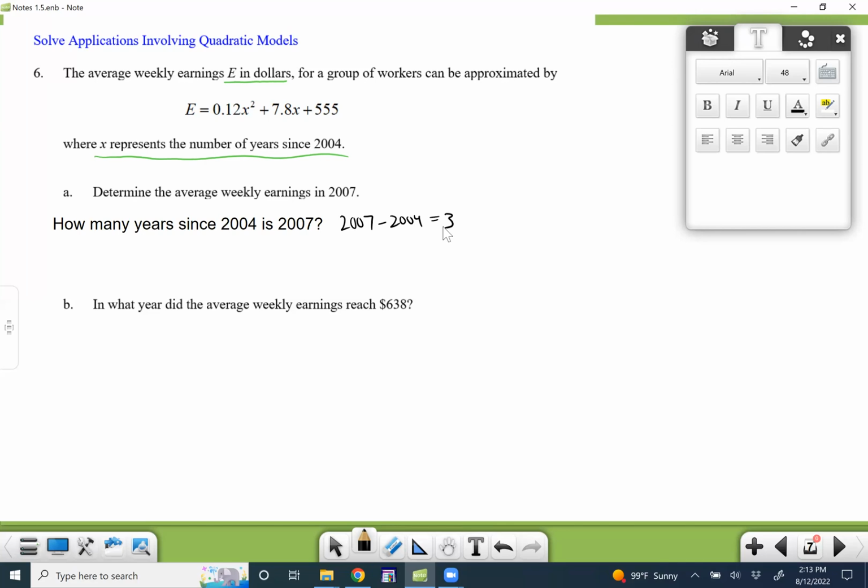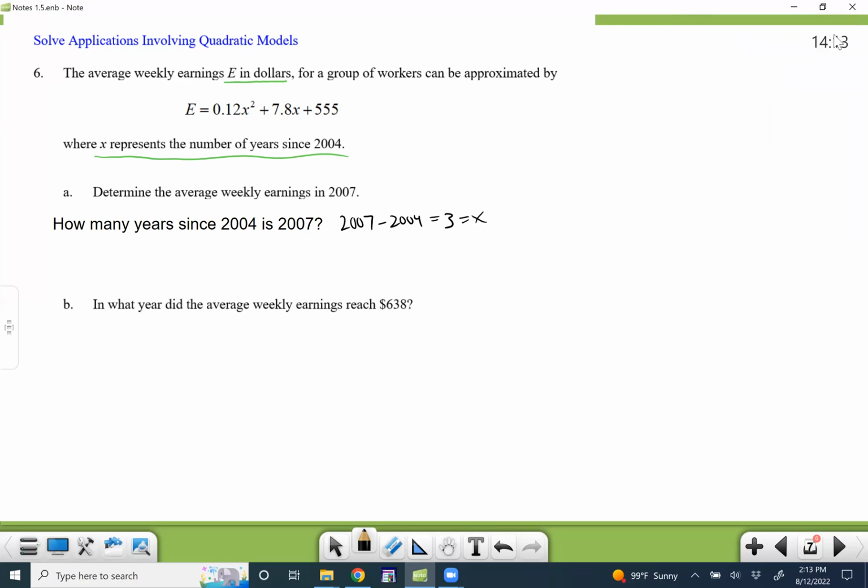That's what you got to think about, right? Well, E stands for dollars, so that doesn't make sense. X stands for the number of years since 2004. So we're going to put this in for the X, right? So here is our equation. It's going to be E equals 0.12 x squared, so 3 squared.